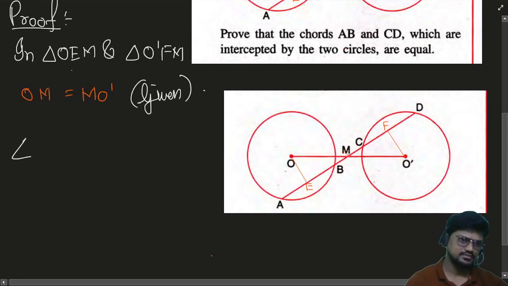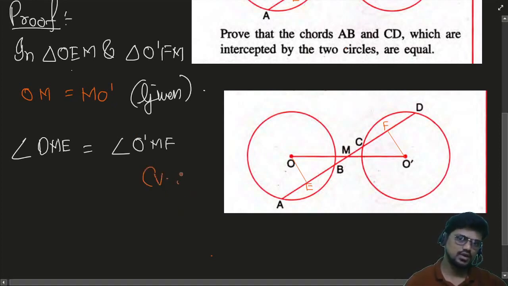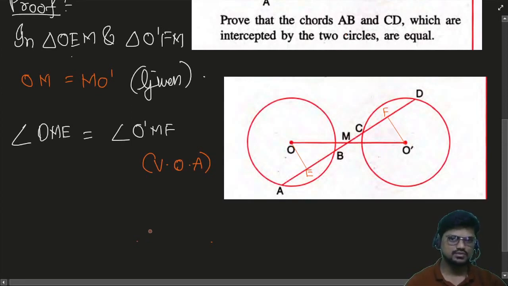Because it was given. Right? M is the midpoint. After that, angle OME is equal to angle O dash MF. Why? What is the reason? They are vertically opposite angles. Right? This is what we know.